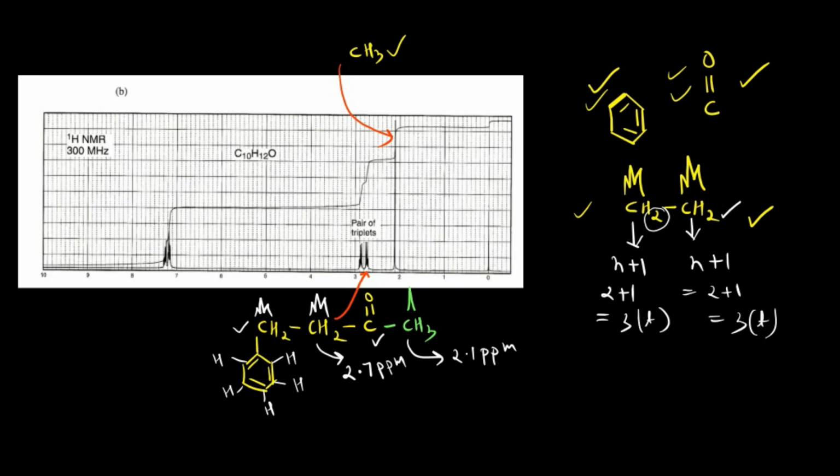Okay, and now you can check this CH2, because this magnetic anisotropy is there, and this magnetic anisotropy will put this signal way downfield, because 3 different kinds of double bonds, 3 double bonds are there. So the downfield shift will be a little higher for these hydrogens, and it will resonate around 2.9 ppm.